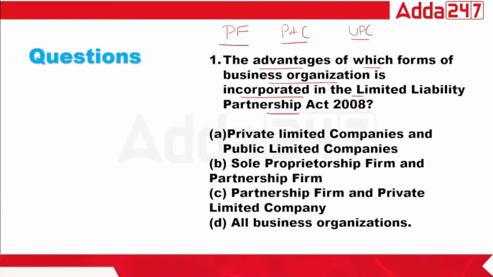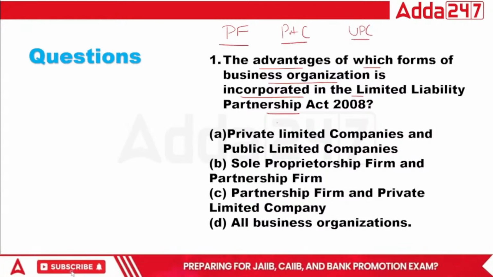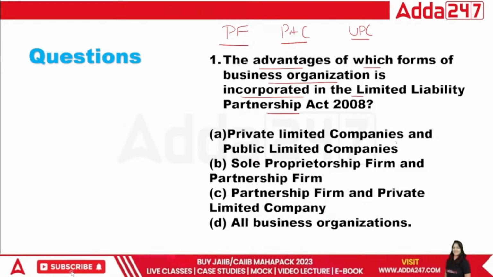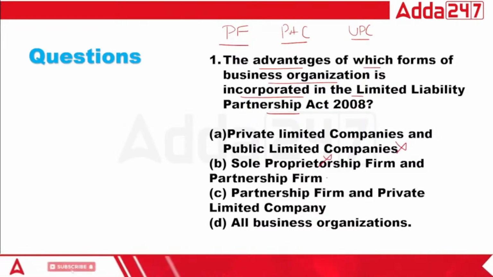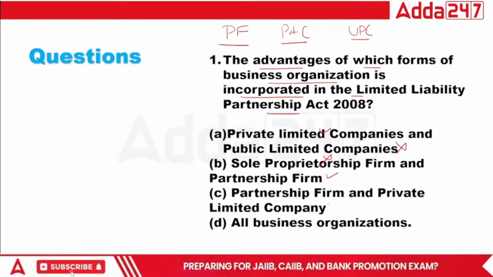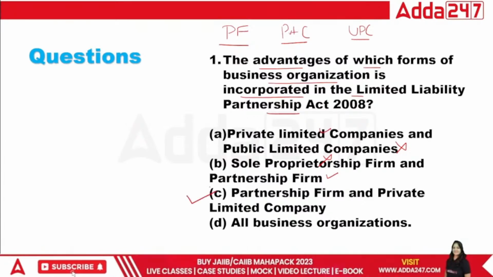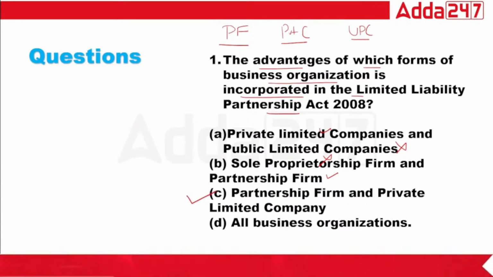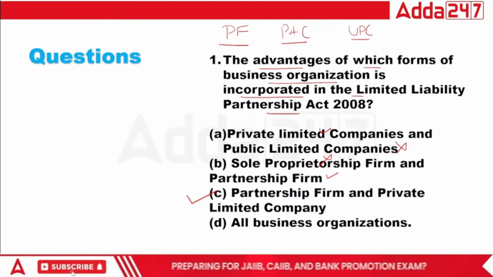So just search in the options where these words are written. Private company and public limited company, no. Sole proprietorship, we have not done. Partnership firm, we have done. Partnership firm and the private limited company, yes. C is the right answer because we have read this point in class.